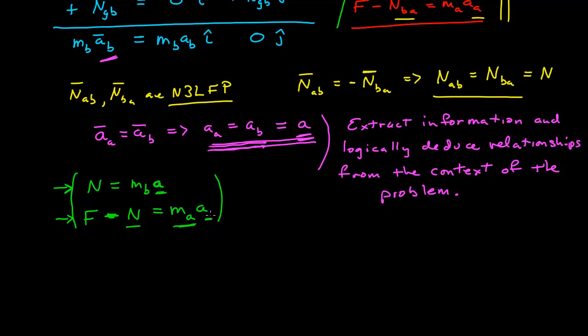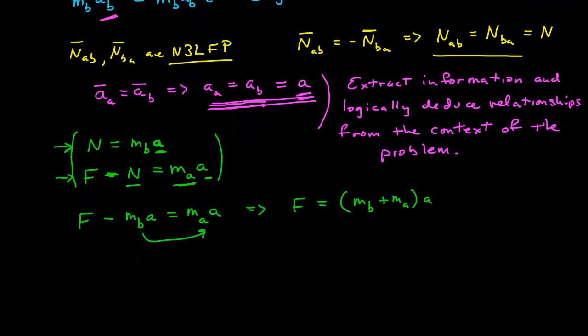So make sure that you don't just read the symbols, that you read what the symbols represent when you look at them. All right, so I can substitute the first equation in for the second, and I have the force then is equal to the mass of B times the acceleration plus the mass of A times the acceleration. And then I can solve this, bring this on the other side, and pull out the acceleration.